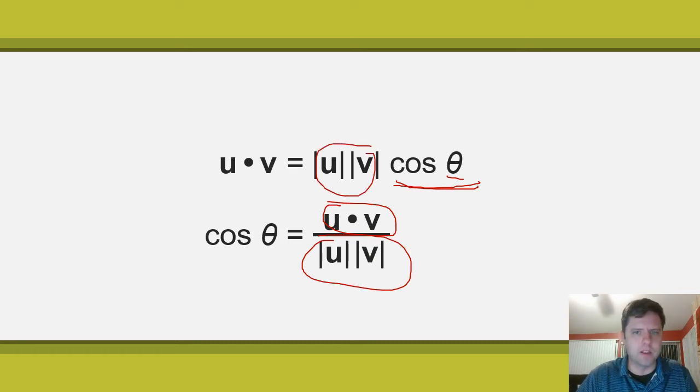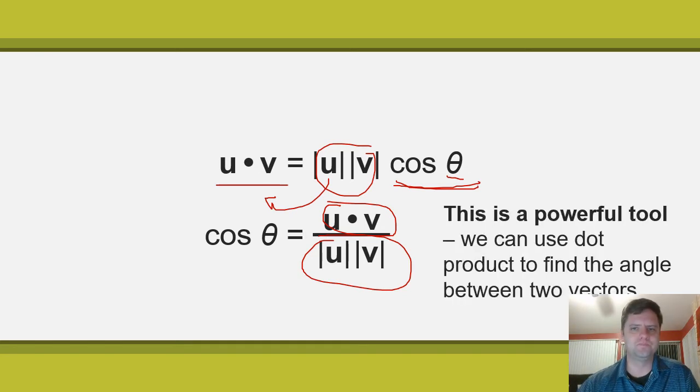We're just taking this part and dividing it underneath this guy. And we can isolate then the theta. We take the arc cosine of that answer and get the angle measurement between two vectors. This is a really powerful tool. We can use the dot product to find the angle between two vectors through this.